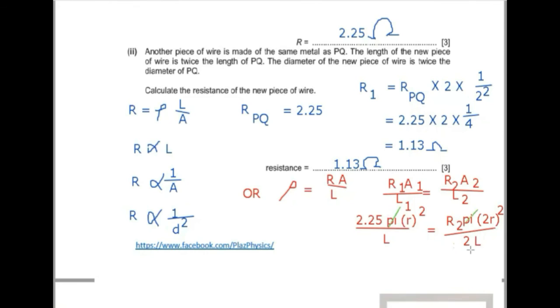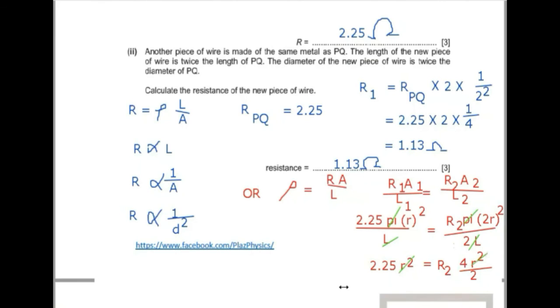Pi L and L cancel. 2.25 r squared equals R second times 4 r squared divided by 2. Same thing, 2 and 4. Don't know which one you would like to use. Then 2 r squared cancel.